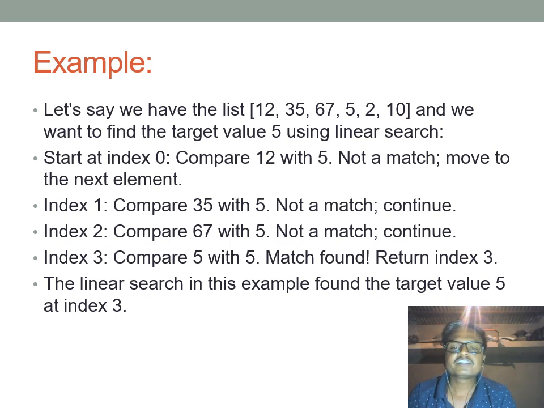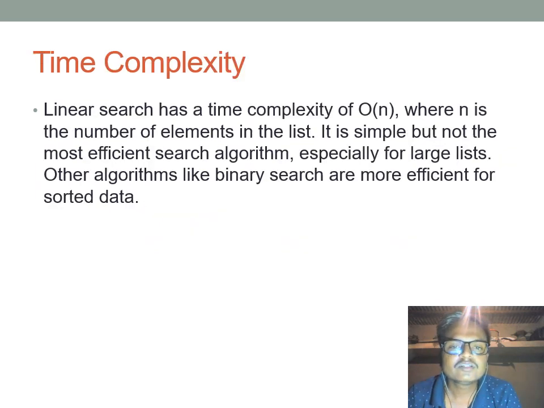Return index number 3. This is an example of finding the target value 5 at index 3. After finding the value 5, we stop the algorithm and return the index number which we found in the list.